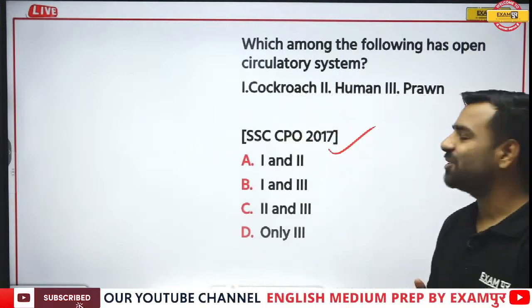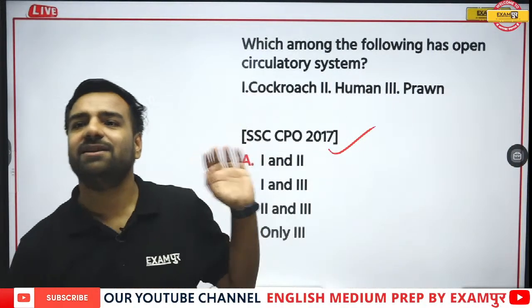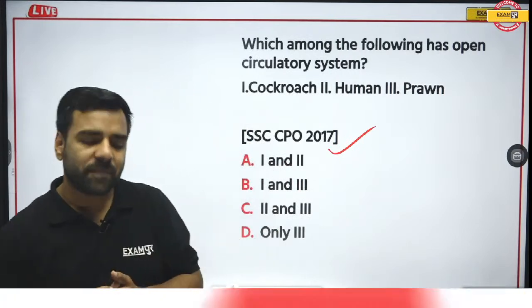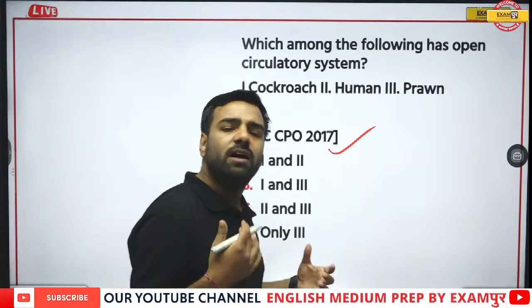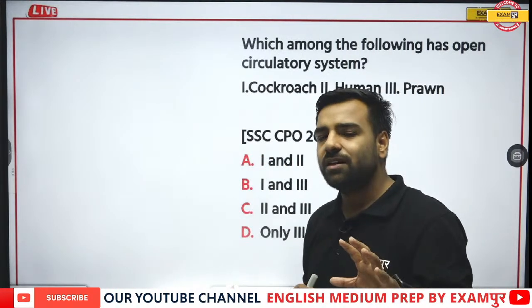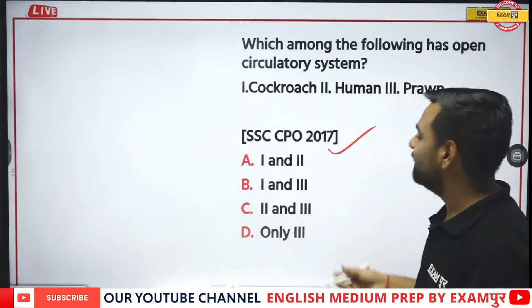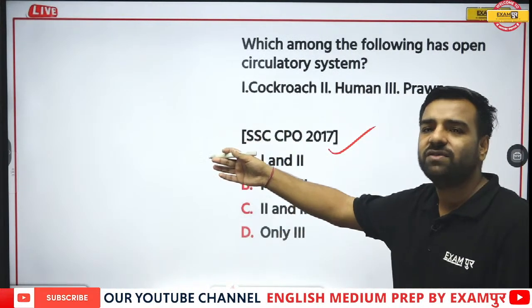Everyone is requested not to copy each other's answers. Just use your brain. Just think, if there were no arteries and veins within our body, would it be possible for humans? No. We have just seen the heart's diagram in which arteries and veins were there.